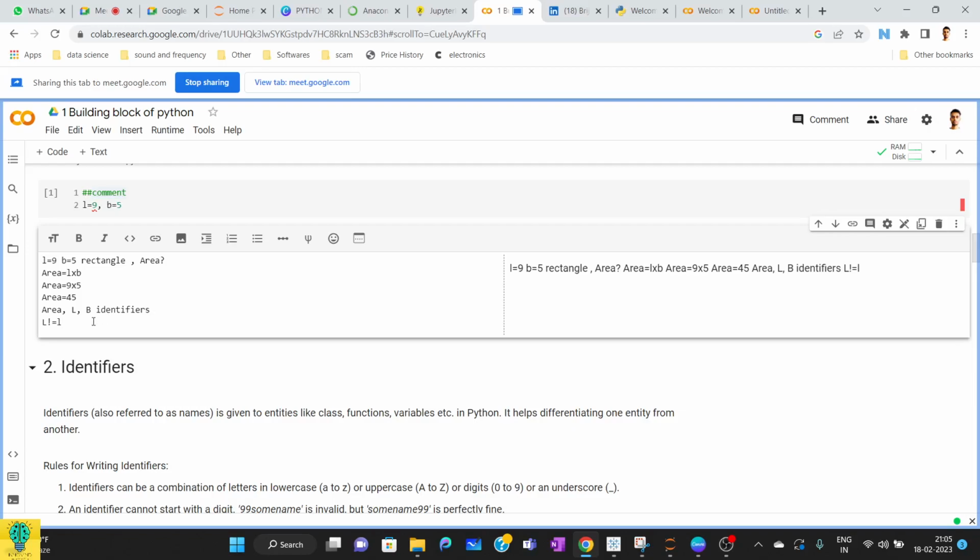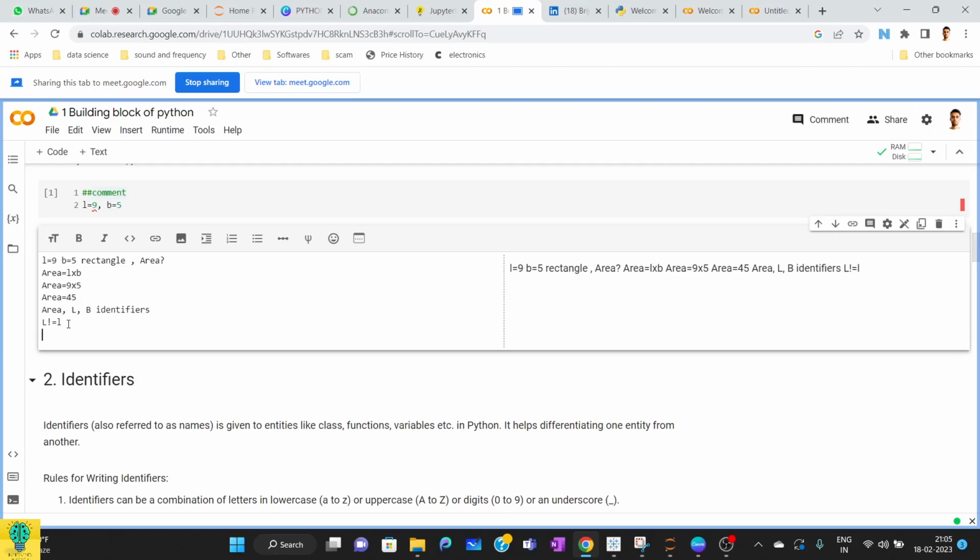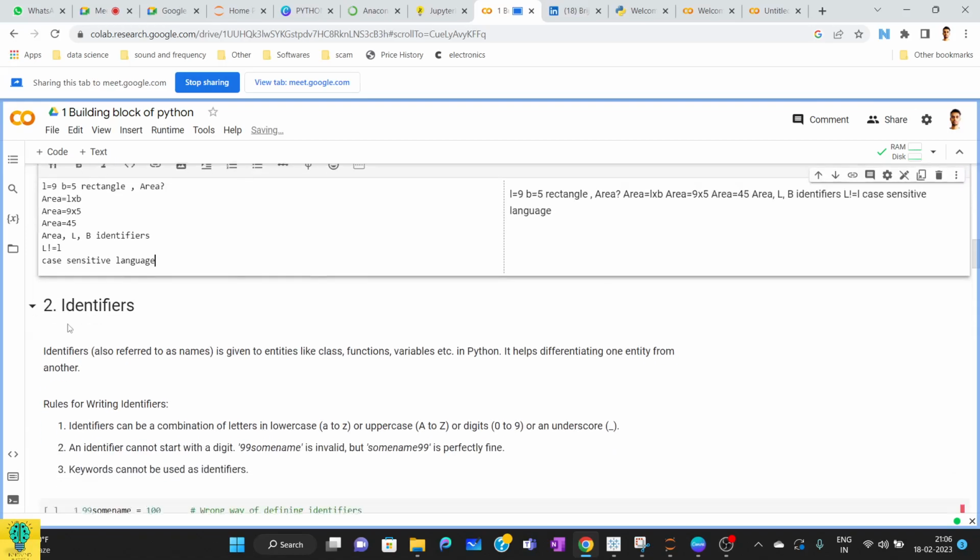Whatever value you store in small l is not going to be the same as capital L. That is why Python is a case sensitive language. When I say case sensitive, it means it treats small letters and capital letters in a different way.